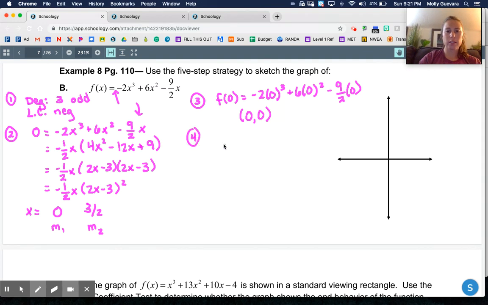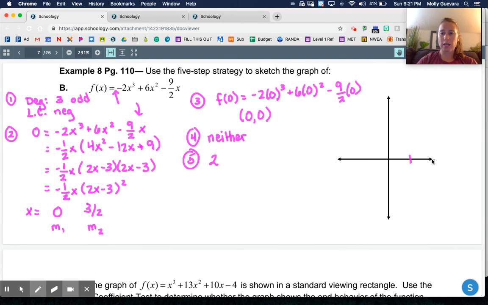Step 4 is, is this function even, odd, or neither? Well, I have odd exponents, then I have one even exponent, so this is neither, so symmetry is not going to help. And then the last step is, what is the maximum number of turns that we can have? And it's always 1 less than the degree. So the maximum turns I'm going to be able to have is 2.